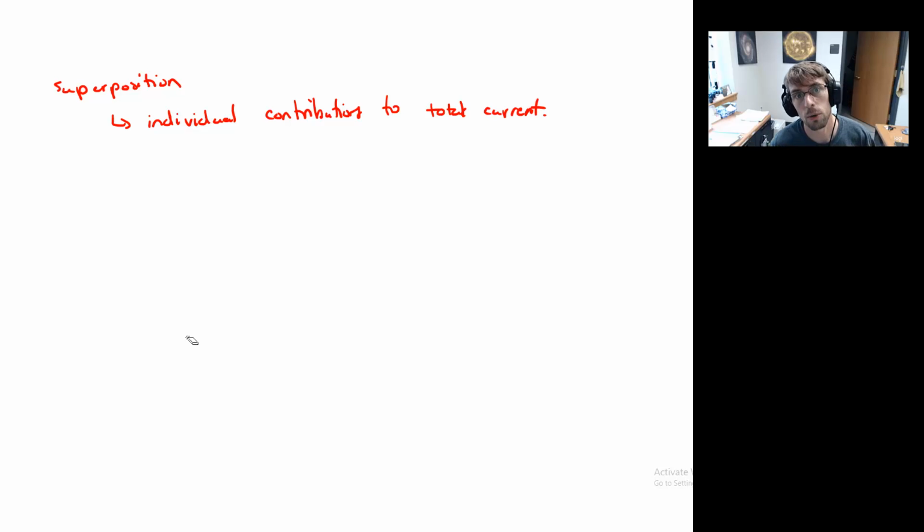Of course, I said total current, but you could replace total current through the circuit with potential drops. Because the potential drop across our circuit elements is proportional to the current, once you have the current flowing through the circuit, you can say something about the potential drops. And now you have a larger breadth of things that you can cover. Not only does it have to be a pure cosine or a pure sine, it can be a linear combination of cosines or sines.